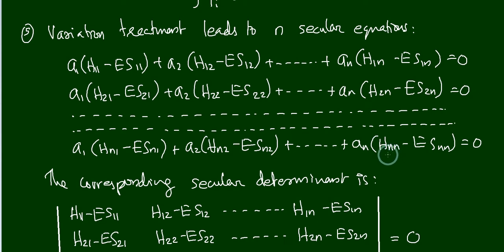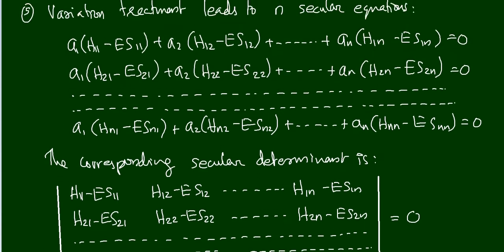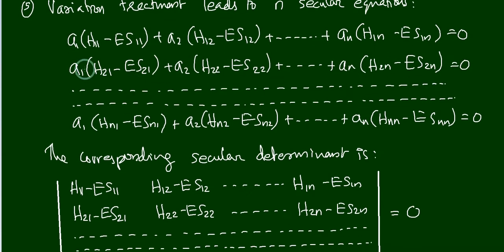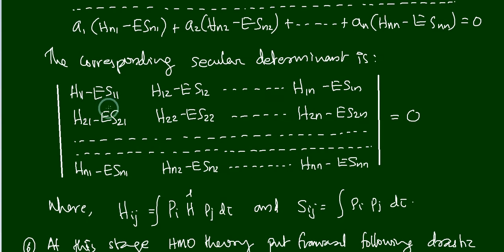So it is very easy to write these circular equations. Okay, and corresponding to these circular equations, there will be a circular determinant as well. In order to get the circular determinant, we are taking the coefficients of A1, A2, A3, etc. to An from all the equations and write it as a determinant. So the circular equation is determinant H11 minus ES11, H12 minus ES12, etc. to H1n minus ES1n.